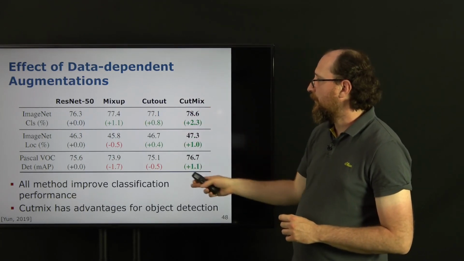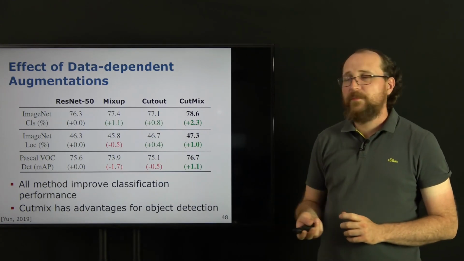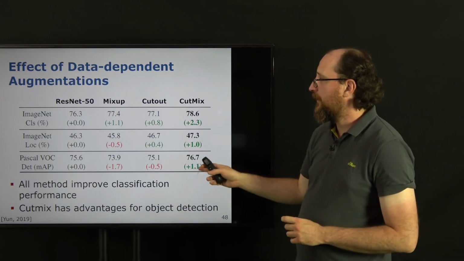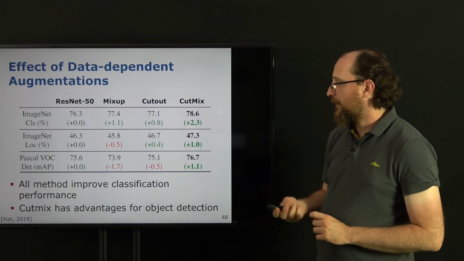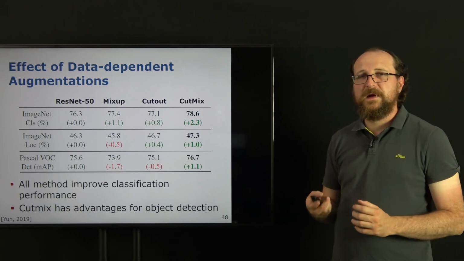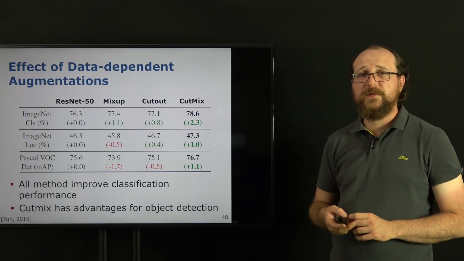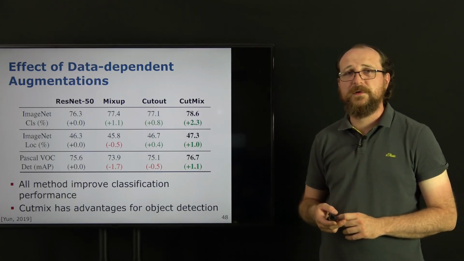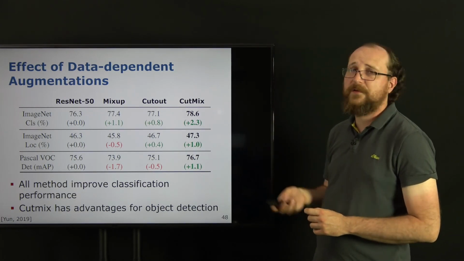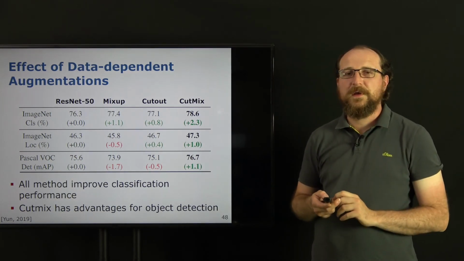What was interesting about this cutmix idea is that we also get good performance on different tasks like object detection. So these are the improved training strategies that I talked about for using the ResNets, and by using them we can usually increase the performance of our approach.